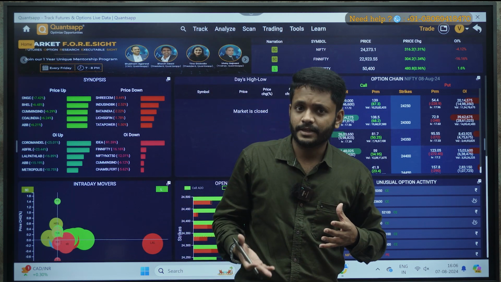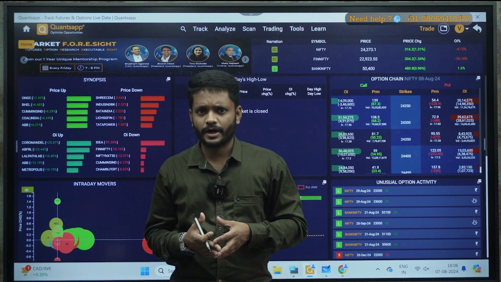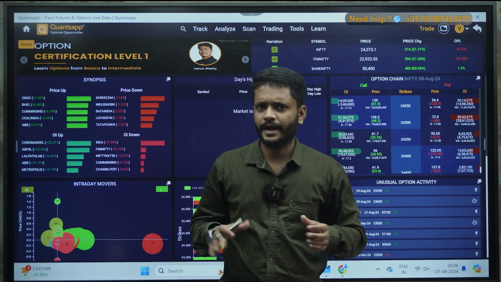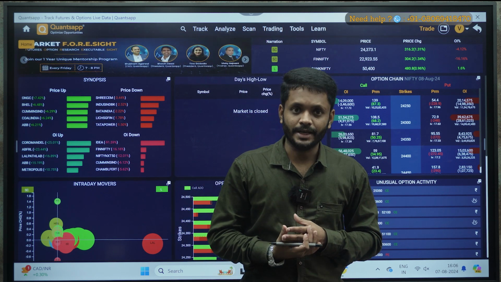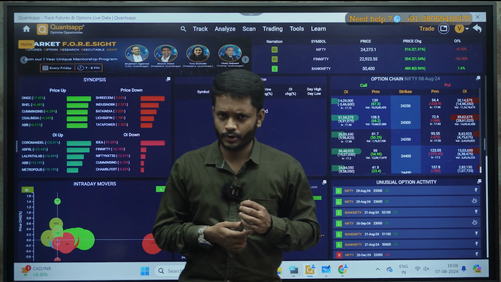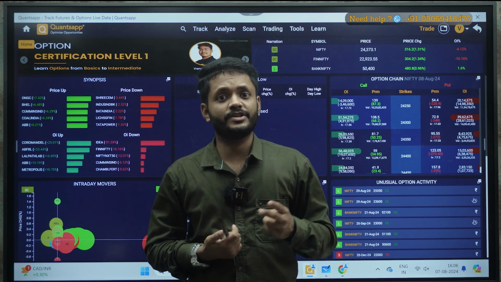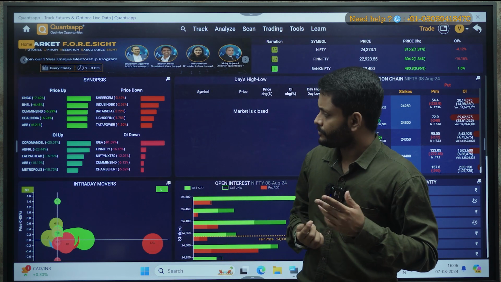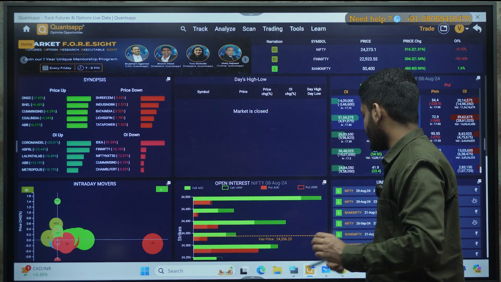Once we identify a particular stock, like say XYZ stock, that I want to choose for swing trading based on the data, what strategy shall I implement? We'll cover how to filter the stocks, and then the strategy which I will deploy based on the data. Okay, so first let's start.